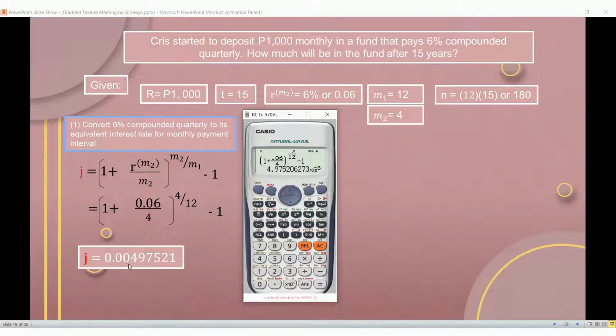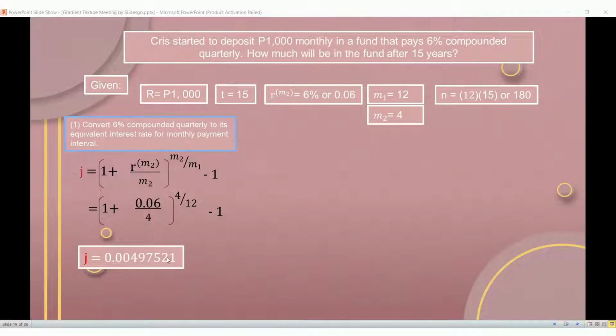Kaya kukuha natin ay 0.00497521. So keep lang natin yung ating numbers hanggang 8 numbers lang. So we already have our j.